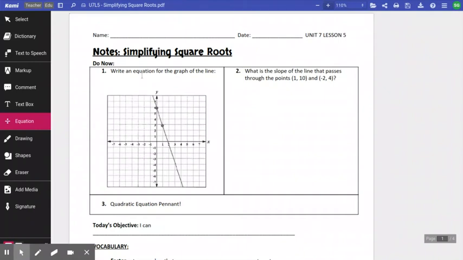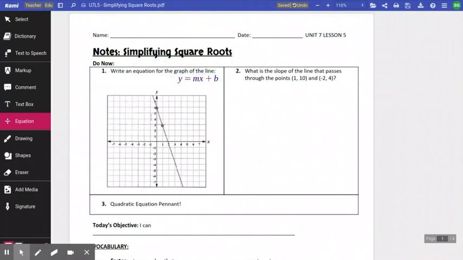All right, for this first equation here, I would be using y equals mx plus b to help me figure out what that equation is. When you are using this formula here, y and x always stay in your equation.